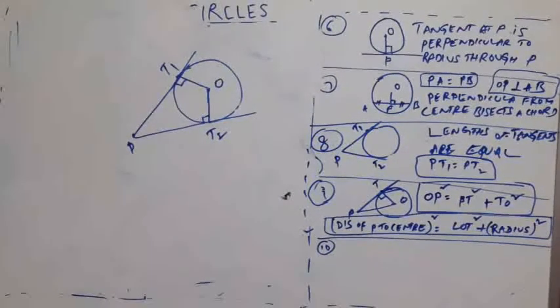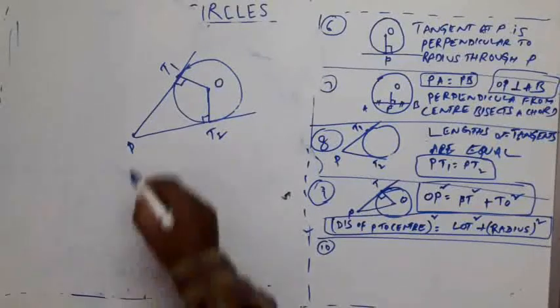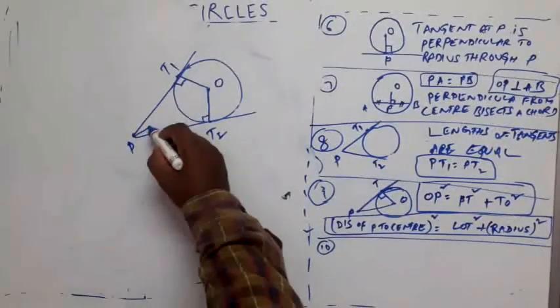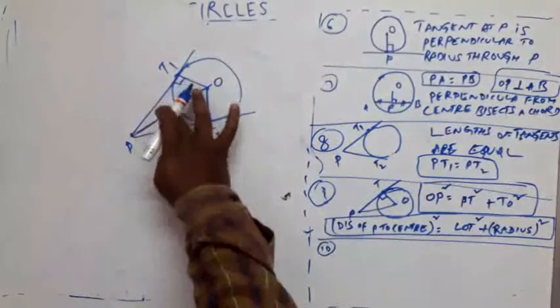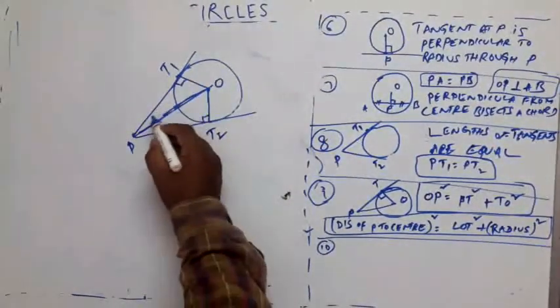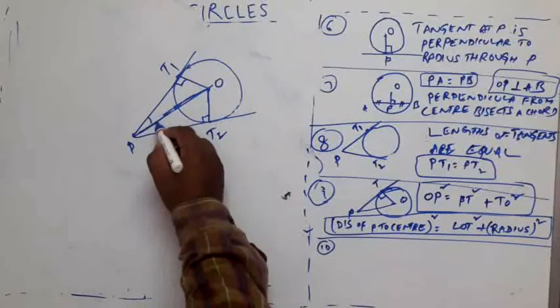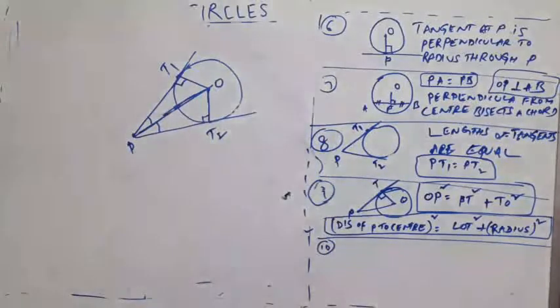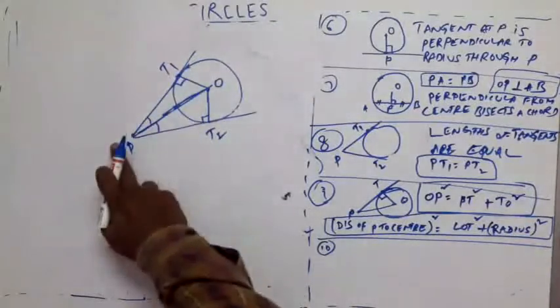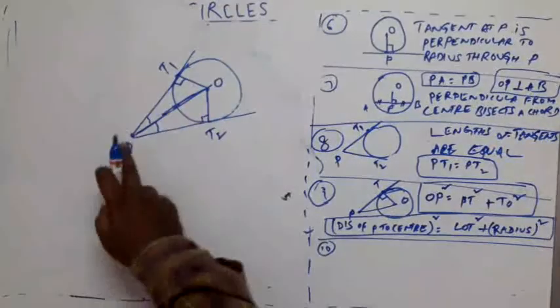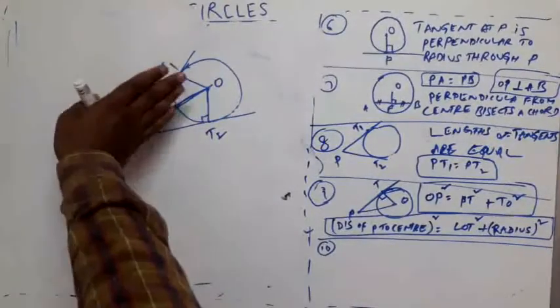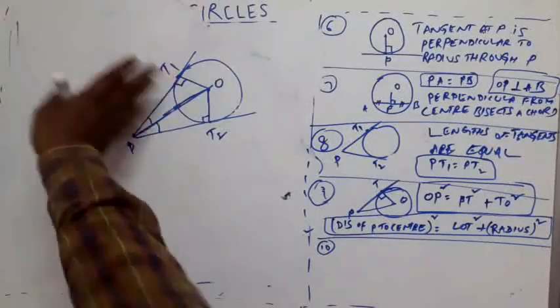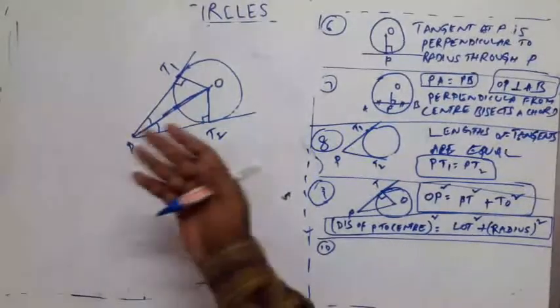Now see, you have joined P to the center. How about the magnitudes of these two angles? We have discussed earlier: if you take a paper and cut this triangle along this and along this, and place one triangle onto the other, exactly they will fit.